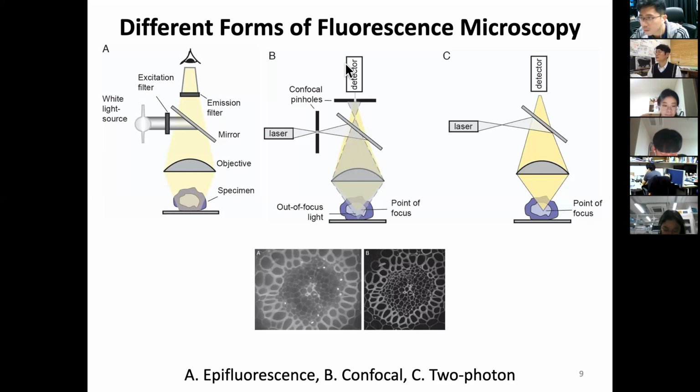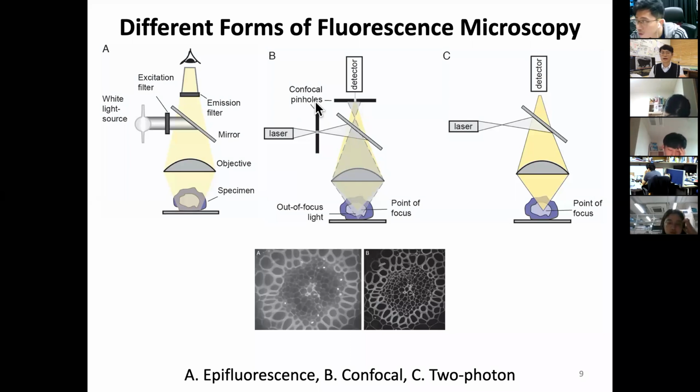So now we have to consider that this is a confocal microscope, which allows us to remove out-of-focus light by using a confocal pinhole. But you can notice the disadvantage of this approach: you are losing a lot of light.